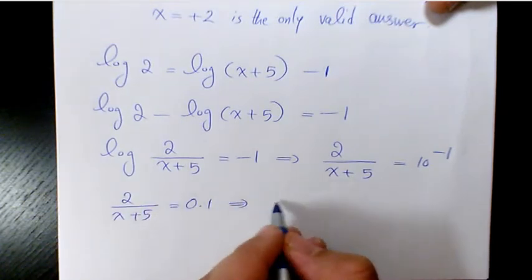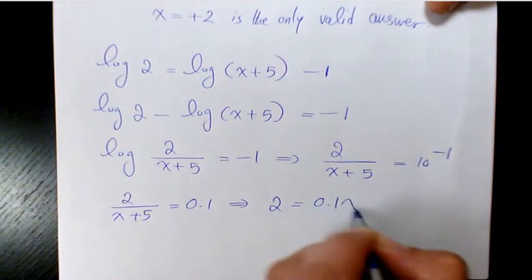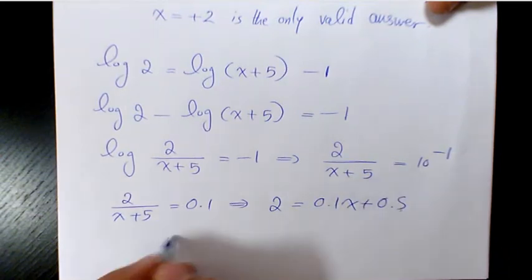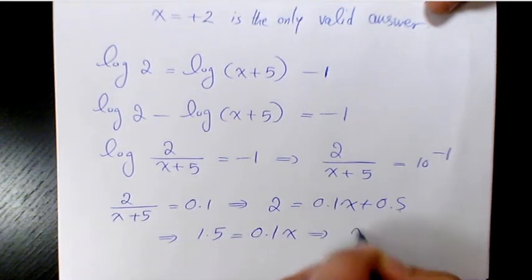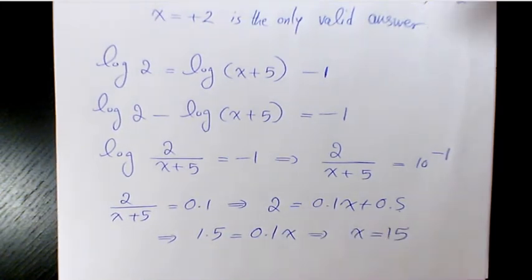So cross multiply, 2 equals 0.1x plus 0.5, which means that 1.5 equals 0.1x. So x will be 15.